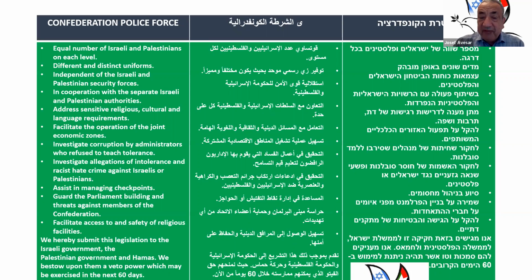So the geographic areas will be determined specifically with the Israeli and the Palestinian governments. Okay, well, that's what they call a Gordian knot. I'll leave it at that.